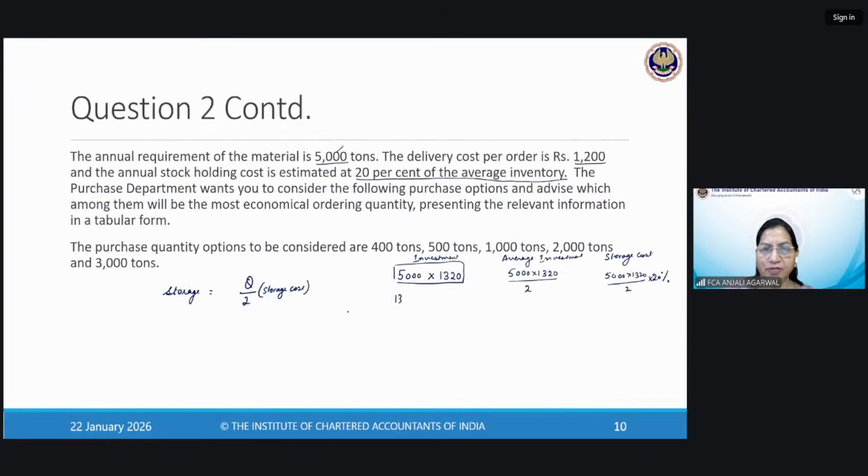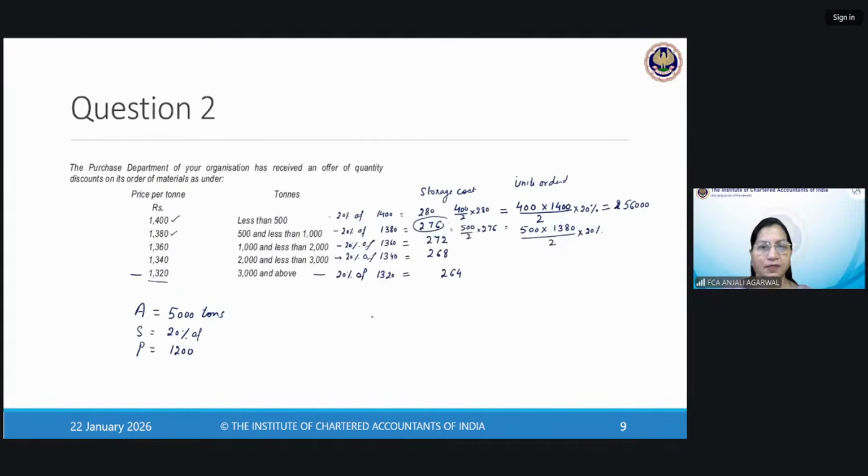So why is the storage cost a function of price? I've just told you here. In this question, the storage cost is given as 20%.